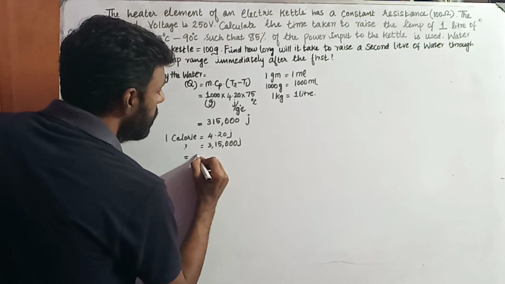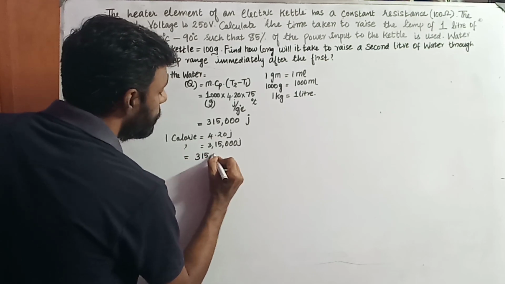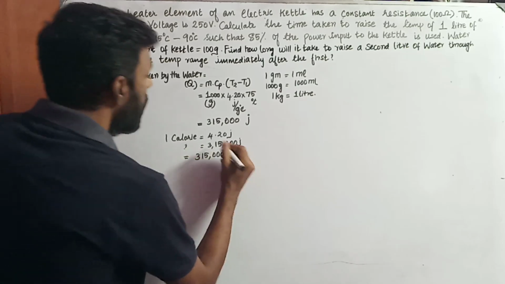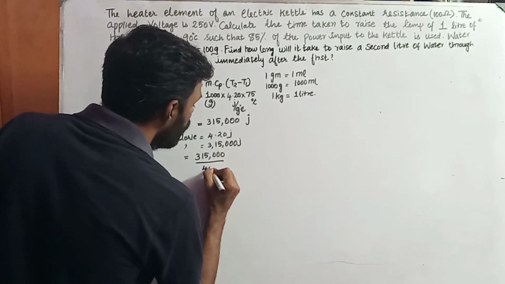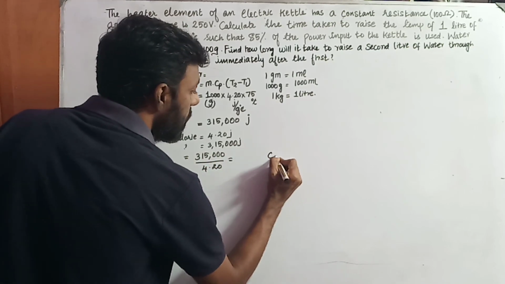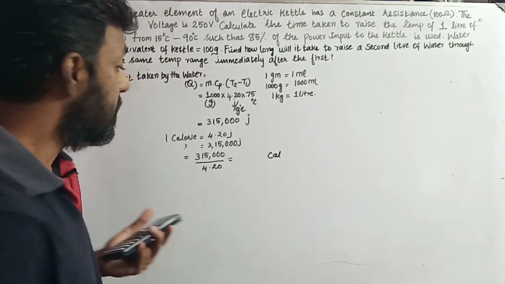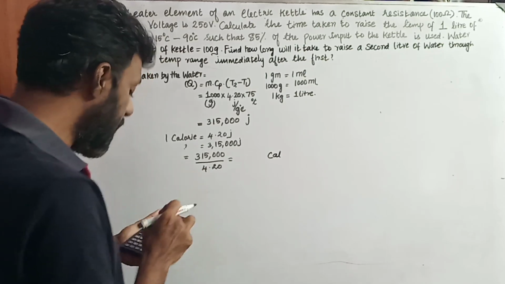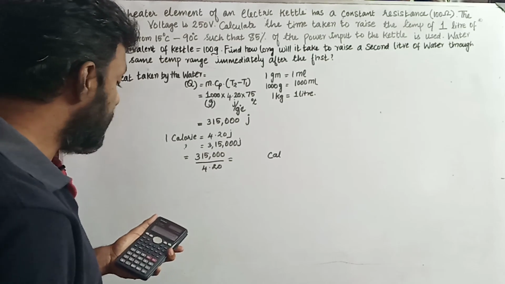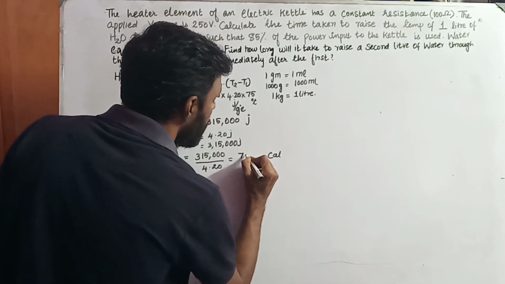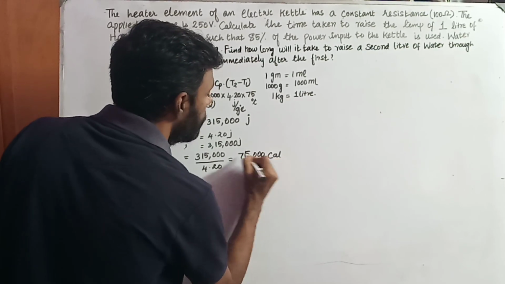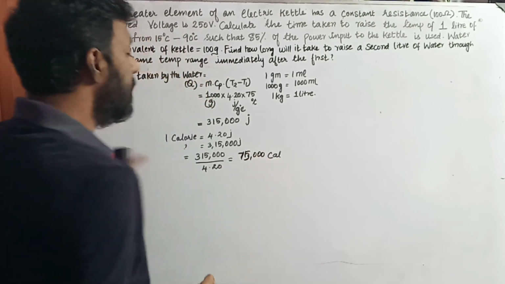That will be 315,000 into 1 divided by 4.20. If I do this, I'll be getting the value in calories. So that is nothing but 315 divided by 4.20. So if I do it, I'll be getting 75,000 calories.